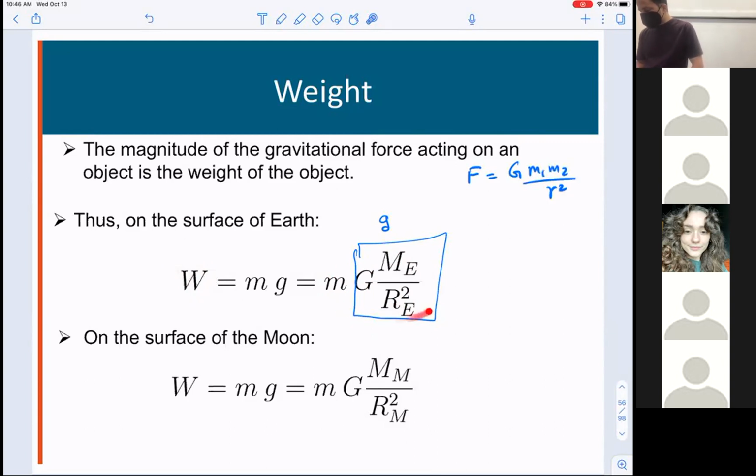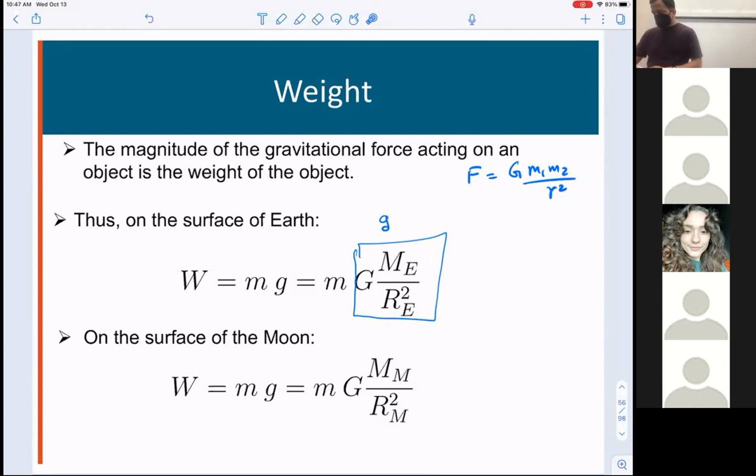So the force you experience as a person is G times your mass times the mass of the Earth divided by the radius of the Earth squared. This whole thing has the value of 9.8. Therefore your weight is just your mass times 9.8. Any questions on that? On the surface of the moon, it'll be your mass times the g on the moon, which is 1.62 meters per second squared.